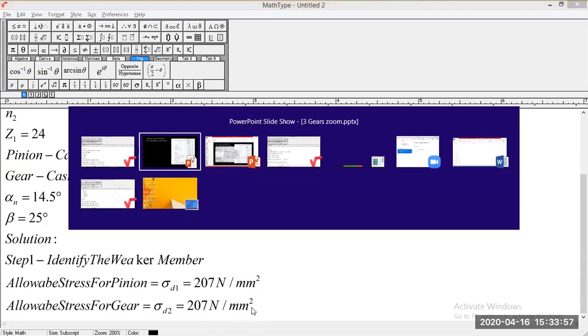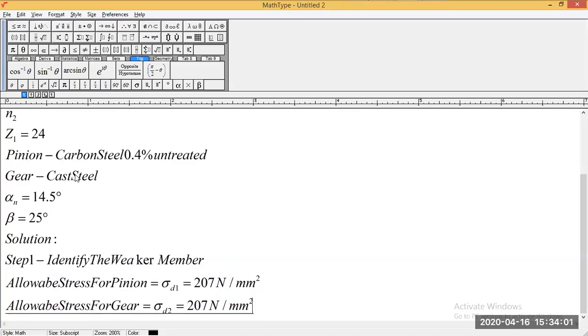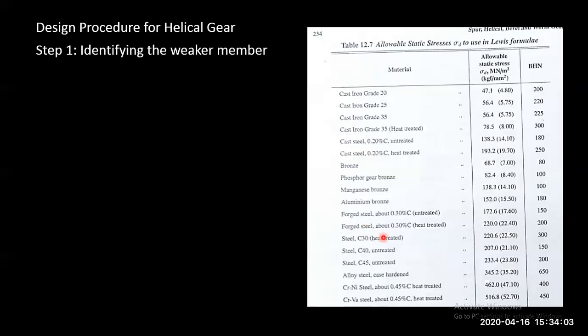So let's go back to the PPT. The material was cast steel. Do we have cast steel? Oh yeah, we have cast steel here. There are two grades, untreated and heat treated. This is not given in the question, whether it was treated or untreated. So let's take untreated.